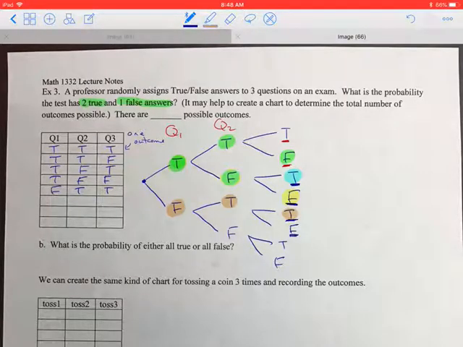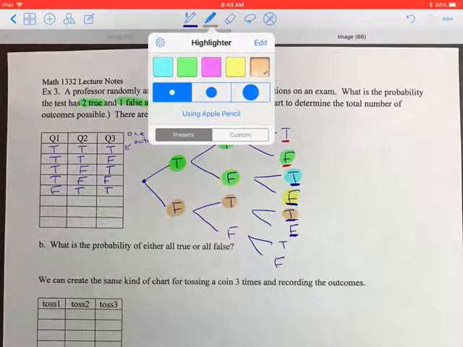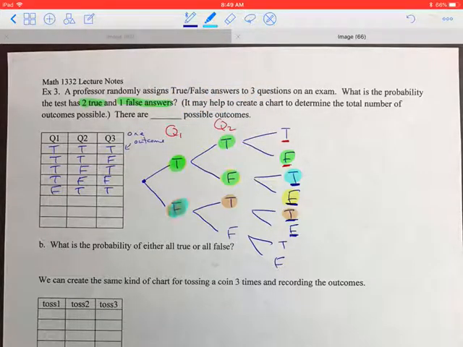If I want to end with this one, I have to go false, true, false. And if I want to end with this one, I need to go false, false, true. And then this last one we can see would be false, false, false.